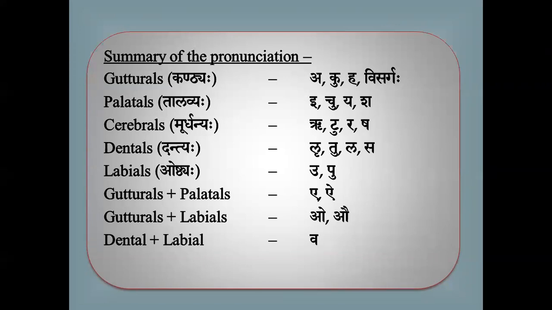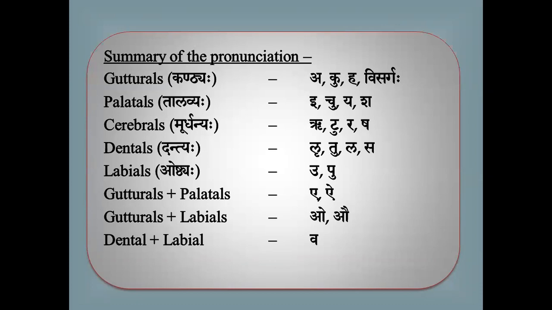And Dantyaha is Lu, Tu, La, Sa. Lu, the vowel. Tu refers to Tavarga, the 4th class. La is the semi-vowel, and Sa is the sibilant. Lutulasanam, Dantyaha. And the next one, Oshtyaha.